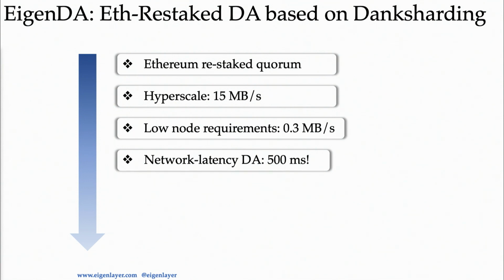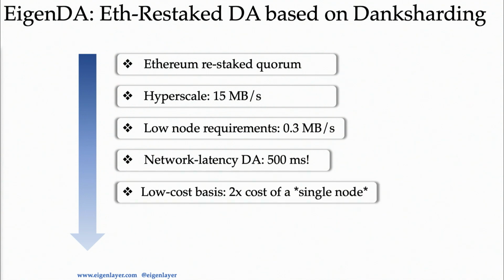It only does data availability guarantees. And it has very low cost basis. The total amount of cost incurred in storing a given data in EigenDA is just 2 times a single node downloading the data. Extremely low cost basis.